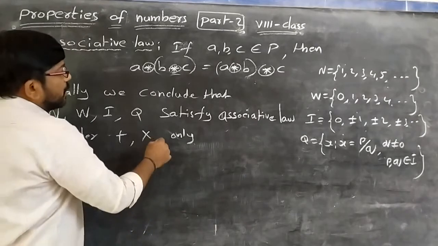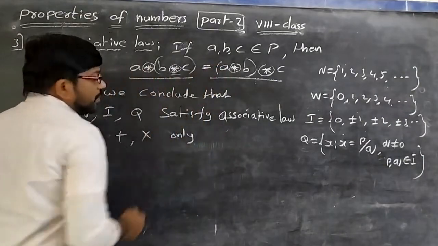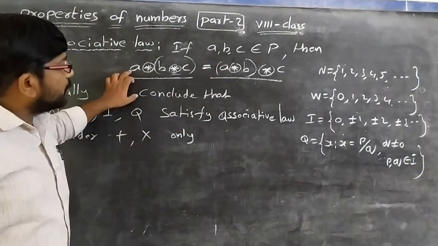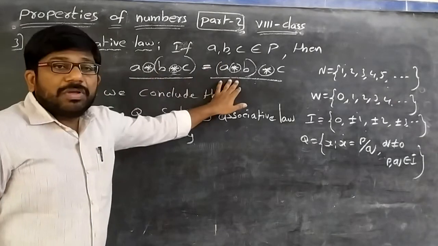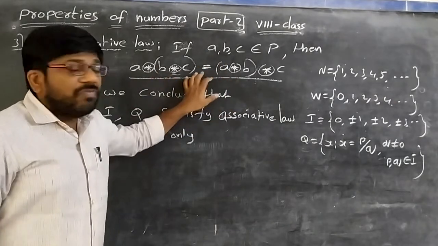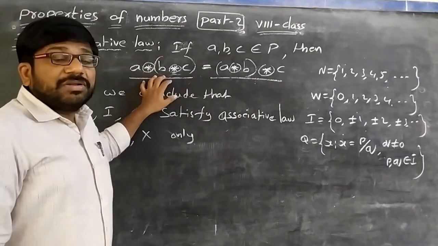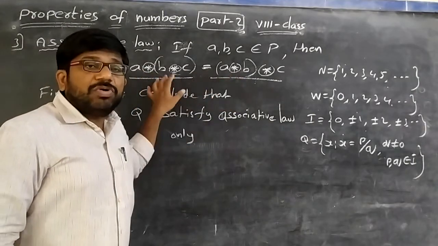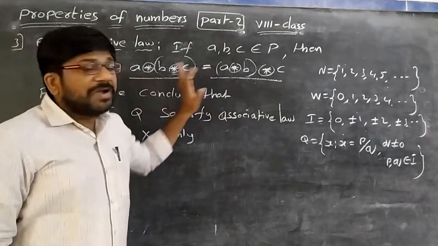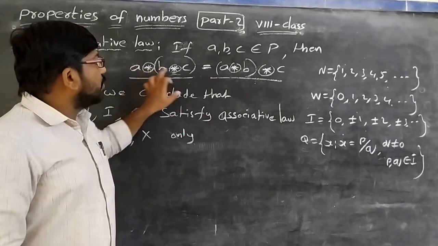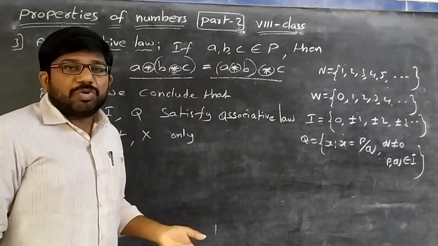So why? Because this is an equality. So when we substitute A, B, C values in both sides we get equal values, otherwise not satisfied. So under addition, under multiplication only it is satisfied, but in minus there are different values that came. In division also different values came. In division they change the numerator and the denominator, right?